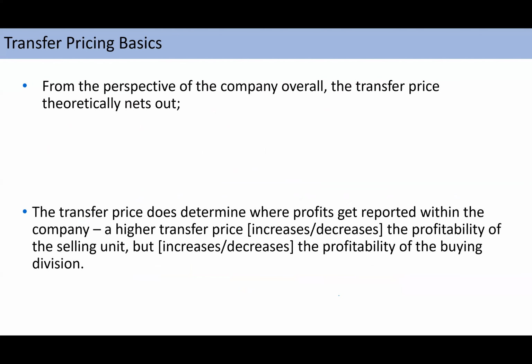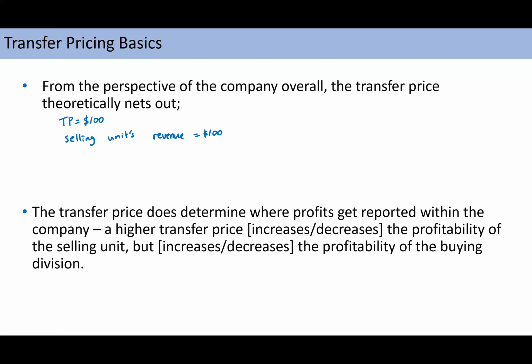So from the perspective of the company, the transfer price theoretically nets out. So let's say the transfer price is set at $100. Each time the selling unit sells a product to the buying unit, they recognize a revenue of $100, because the buying unit is paying $100 for that product.